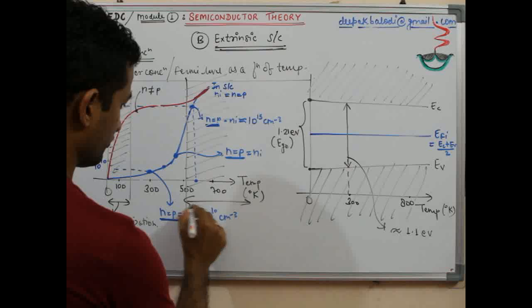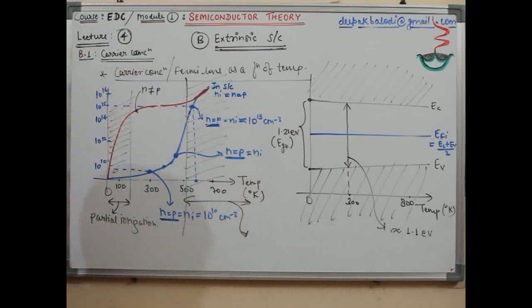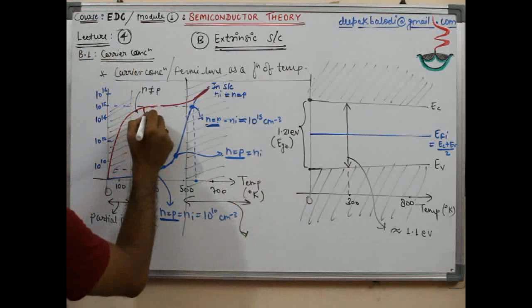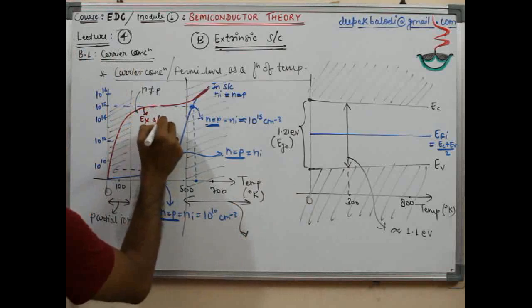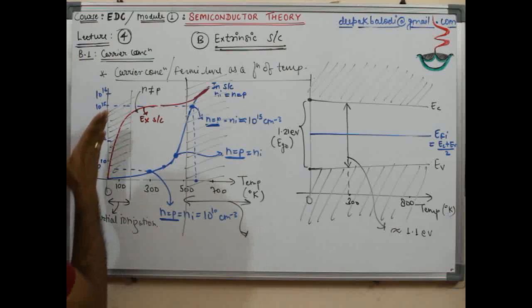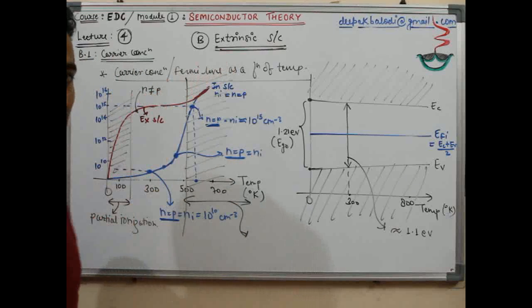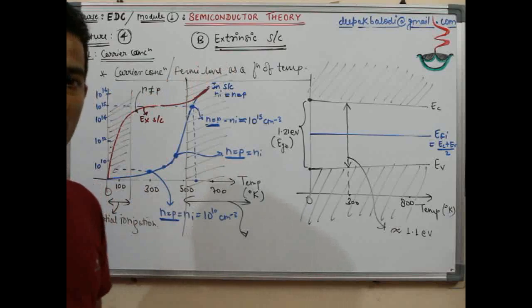In this domain, you see what is happening. This red profile is for the extrinsic semiconductor. The extrinsic semiconductor profile is going and merging with the intrinsic semiconductor. You see why this happens.